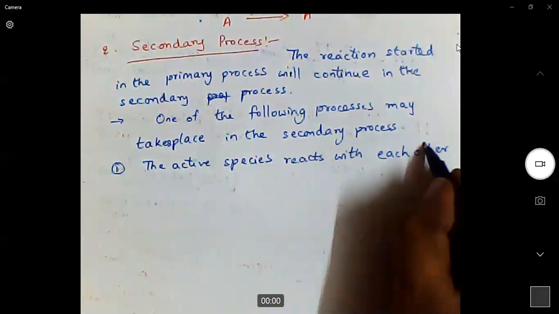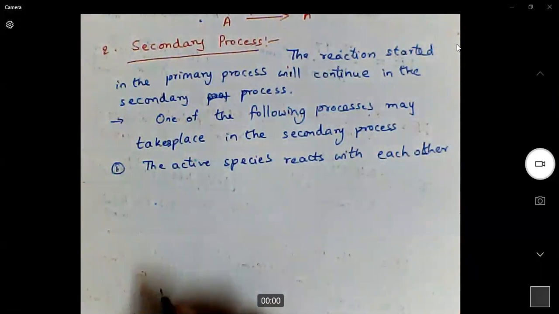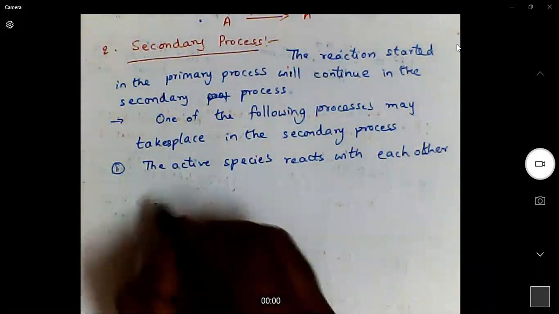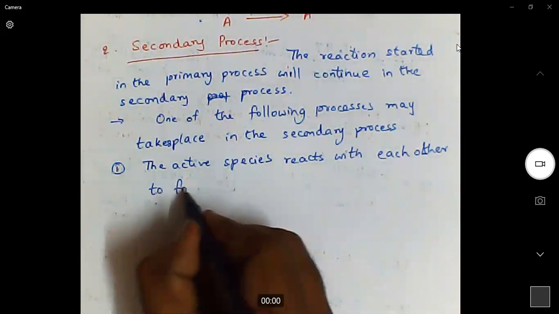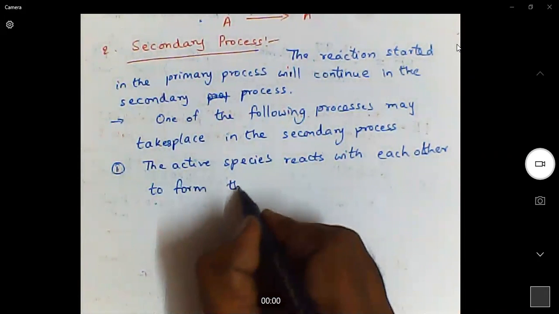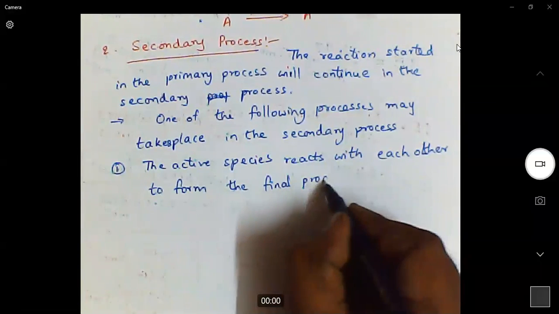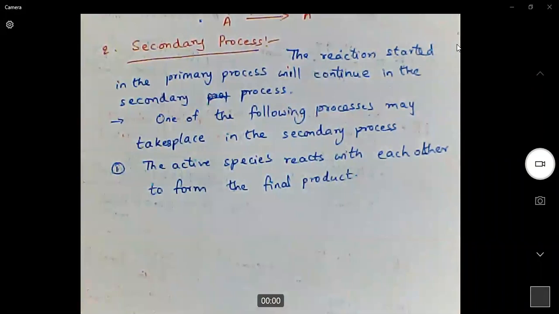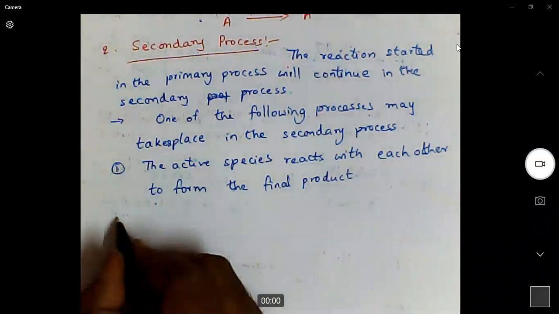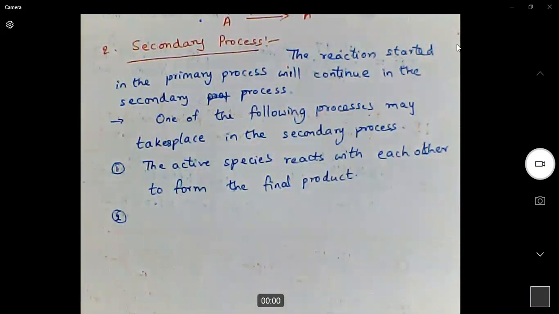The active species reacts with each other to form the final product. This is one possibility. So when the initially generated active species reacts with each other, they will result in product.